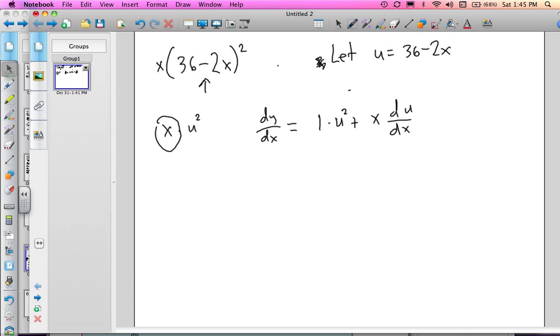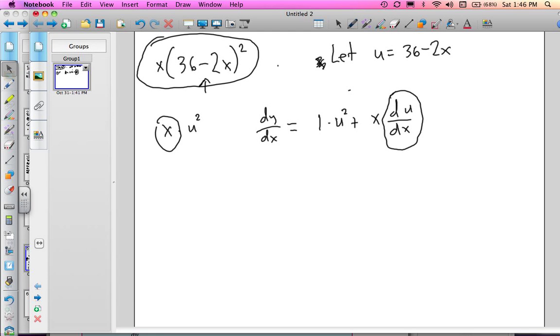Okay? So we have this all set up, and now we deal with this right here. Let's see, what do I do next? Technically this is the derivative of this function right here.